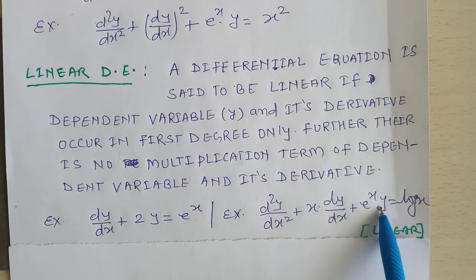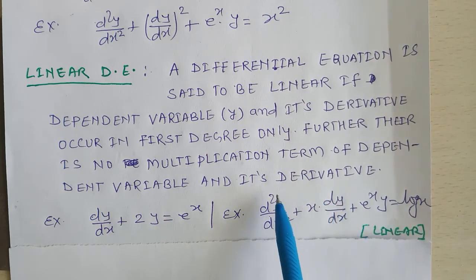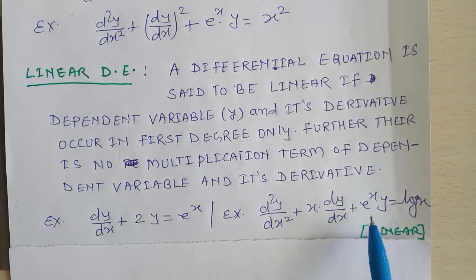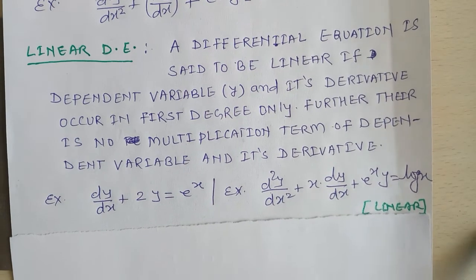Now dependent variable y power 1, first derivative dy by dx power 1, second derivative d2y by dx2 power 1. So the dependent variable and all its derivatives have power 1, and there is no multiplication term of y and its derivative. So this is again a linear differential equation.